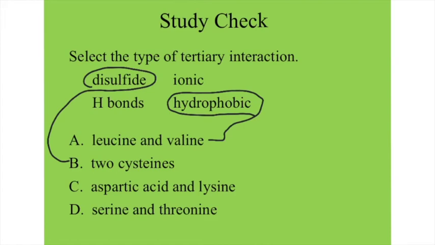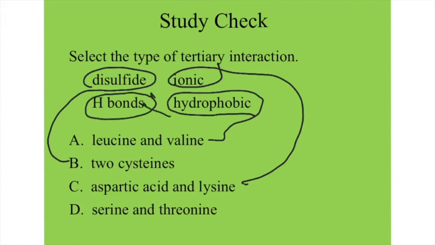And so when both of those species are charged, you form a salt bridge or an ionic interaction. Okay, and then serine and threonine both have a hydrogen attached to oxygen, and so you can have hydrogen bonding occurring between those two residues.